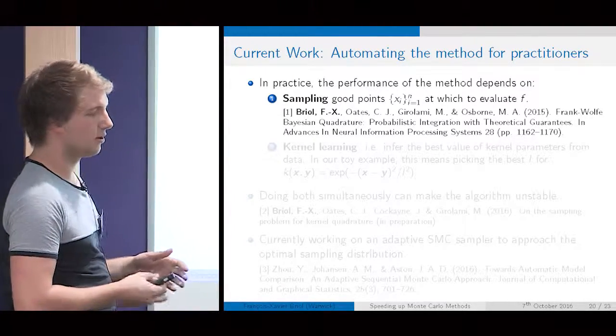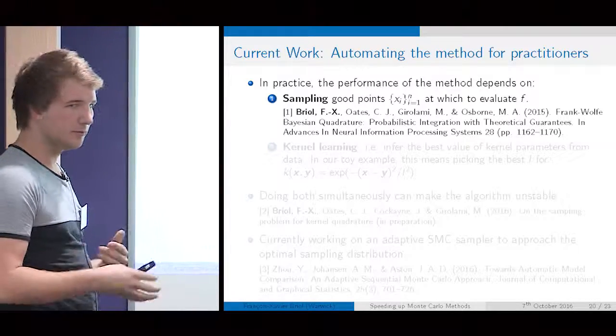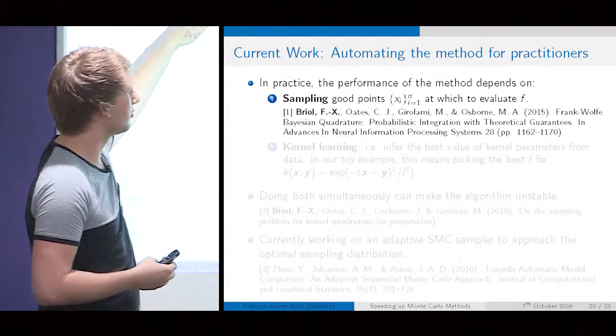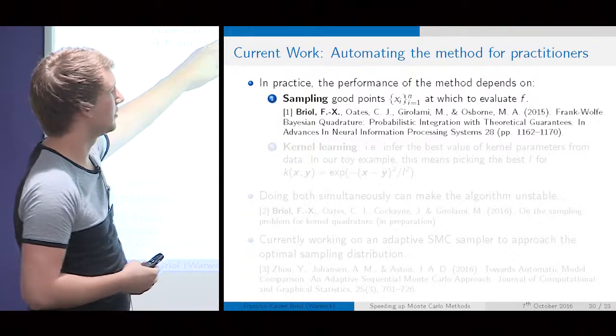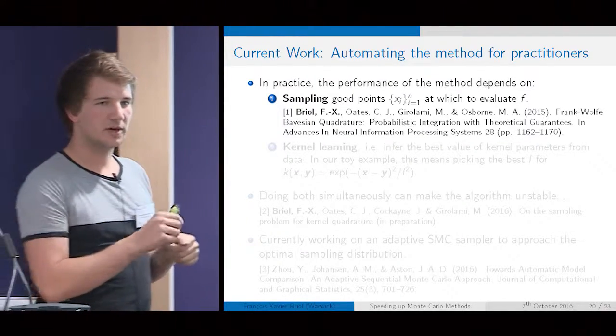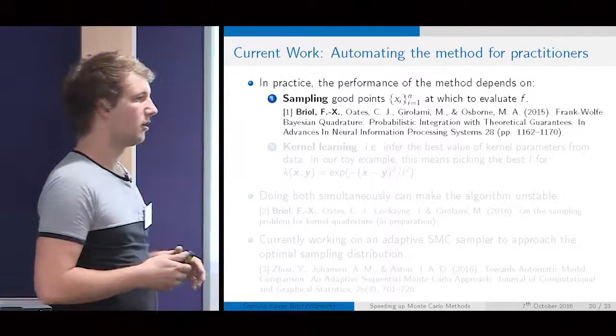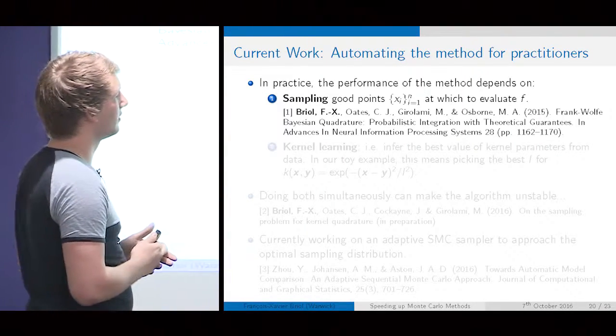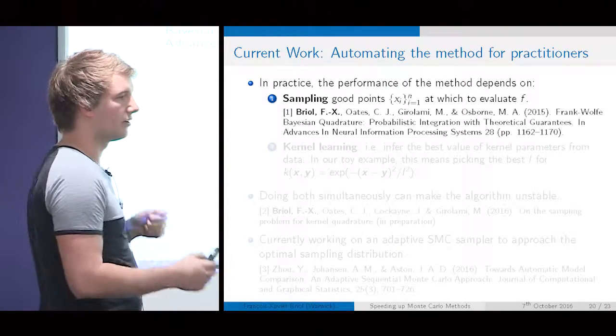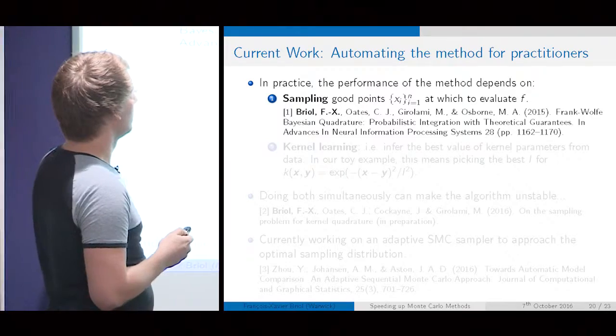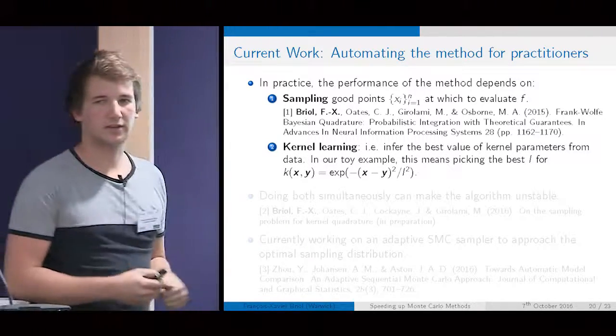In practice, there are a lot of things that really matter for the performance of this method. One thing is how you sample the points. So one thing that we've been doing is optimizing the location of those points approximately, and that works pretty well in practice, but there are a lot of issues with this. Another thing is how you learn the length scale parameters.